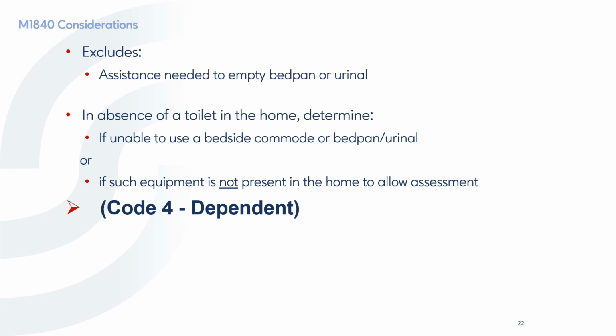And that's per the provider. So like I said, if the equipment is not present in the home yet, and that's what they would need to be at that safe level, you have to mark them a 4. And hey, anywhere you go from here, when you come to outcomes, it's going to be improved, right? So code 4 is not a bad thing.